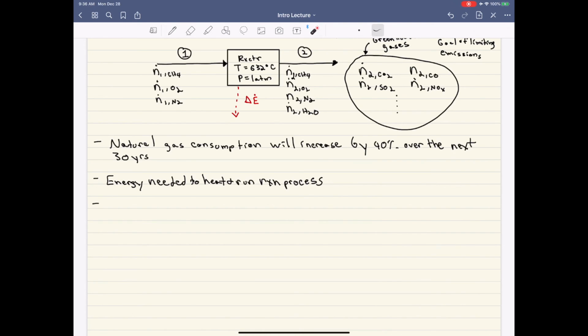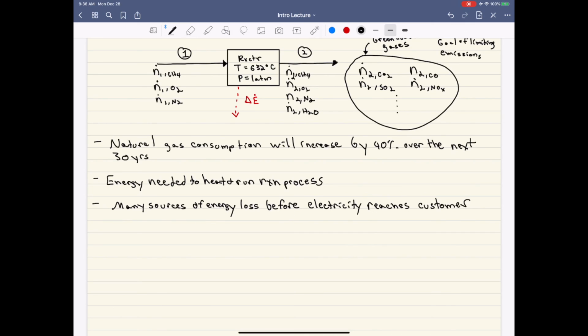Another thing I'll mention is that this combustion reaction is releasing energy, but not all of that energy is going to be directly converted into electricity, right? And there's going to be many sources of energy loss before electricity even reaches the customer, right? And so what I'm saying here is that the efficiency of this sort of process is not 100%.